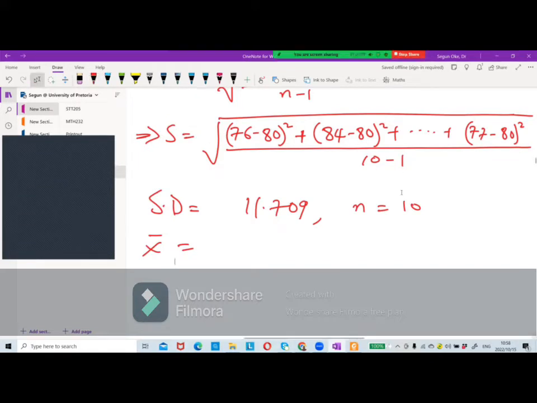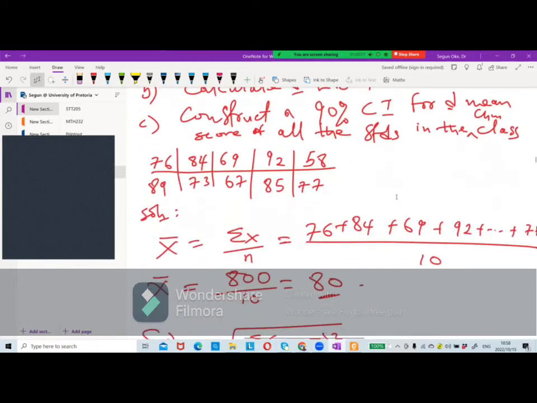Let's go back to the table: 76, 84, 69, 92, 58, 89, 73, 67, 85, 77. Please, let's calculate and get our X bar correctly. What do you have?